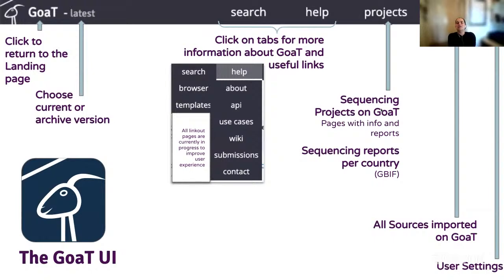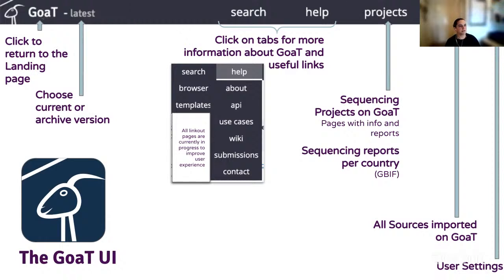The first thing that you should be able to see is that the landing page has these tabs up here, and I'll explain a little bit of what they do. I'm not going to go over the tutorials of every single tab, but we try to create content to help understand how to use GoaT apart from the publication.